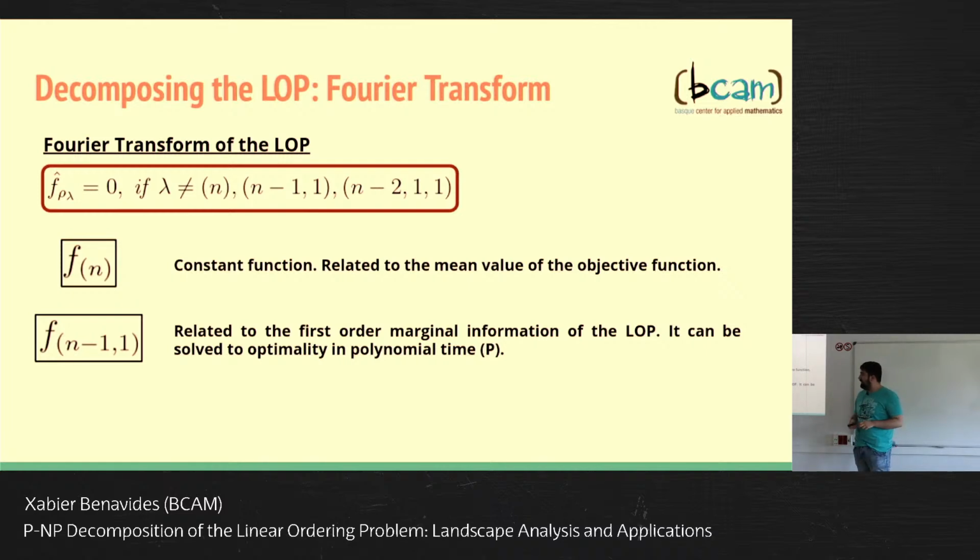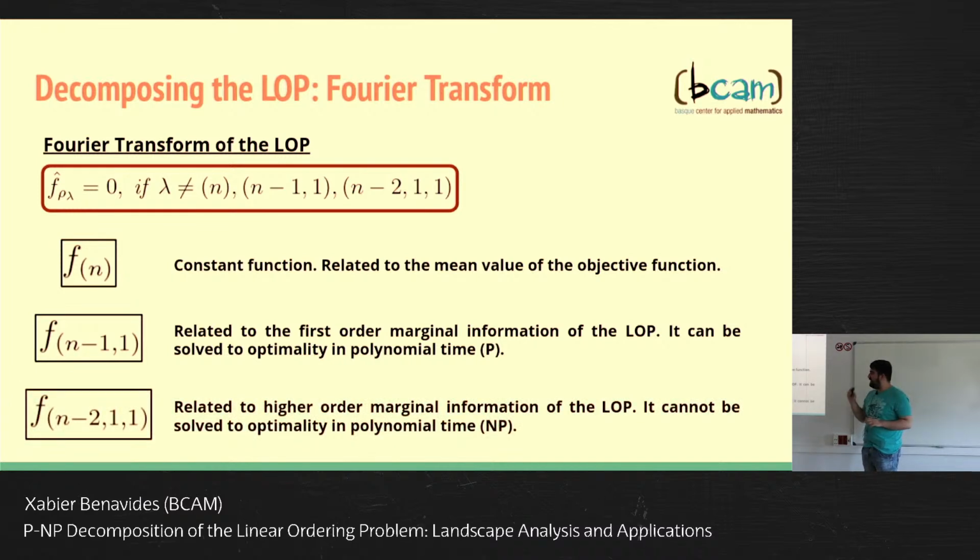And it can be solved to optimality in polynomial time. That is, it has a P complexity. Finally, we have the f_(n-2,1,1) function, which is related to the higher order marginal information of the problem. And unfortunately, it cannot be solved to optimality in polynomial time, so it's NP.